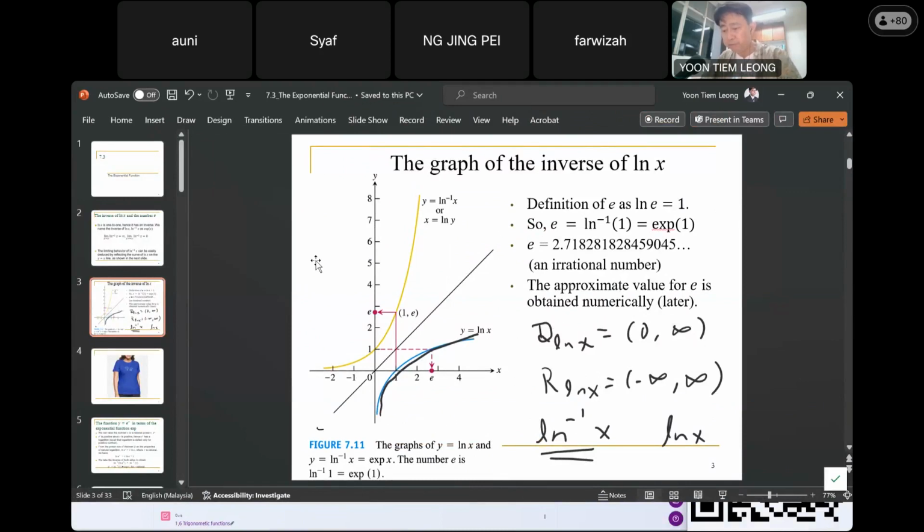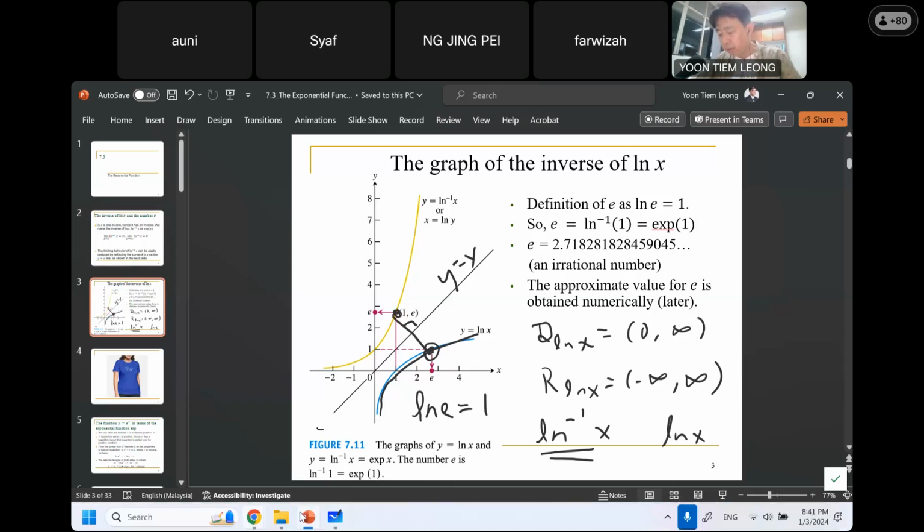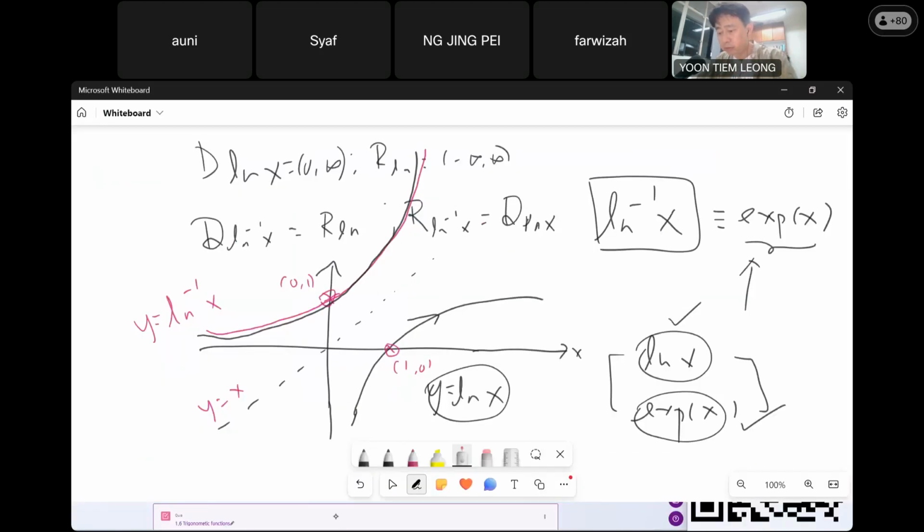And on this exponential function, you can see the point where e is defined on the logarithmic function, namely when x equals e, the logarithmic function takes a value of 1. So this is a point where the logarithmic function is equal to 1. Then when you reflect this point about the y equals x line, you arrive at this point, which is (1, e).